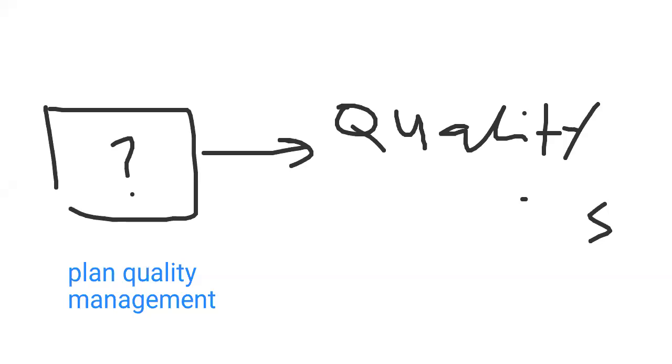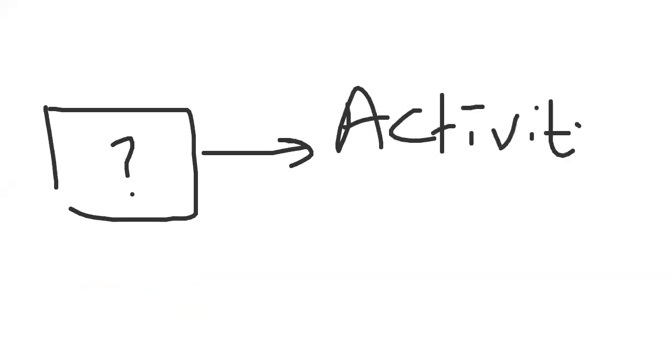The next one I have for you is very easy. We've talked about this before. It is activity list. Activity list is an output of which process? 5, 4, 3, 2, and 1.